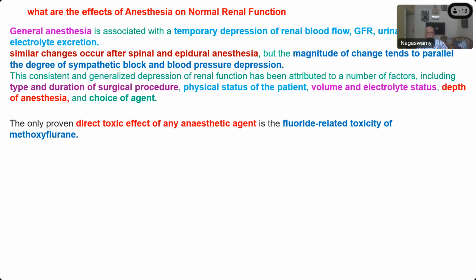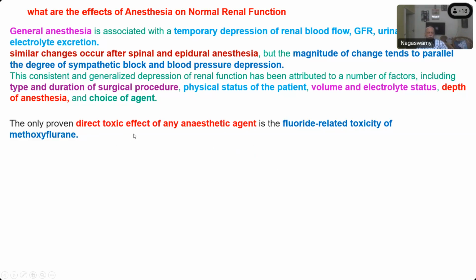In renal failure, normally what happens? Urine production decreases or increases? Decreases. Oliguria. Whereas methoxyflurane produced a polyuric renal failure. The concentrating ability of the distal convoluted tubule and the collecting ducts was totally affected by the fluoride present in it, and patients passed a lot of urine as though they were suffering from diabetes insipidus, and died of dehydration, which ultimately caused reduced GFR, and that is the mechanism.